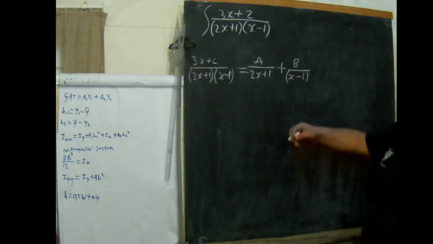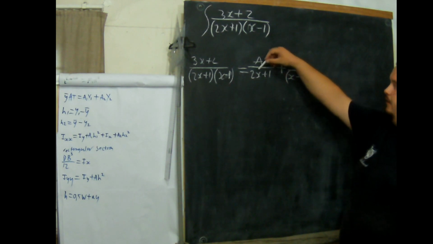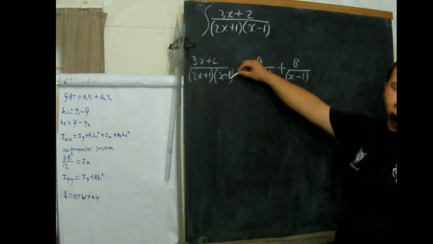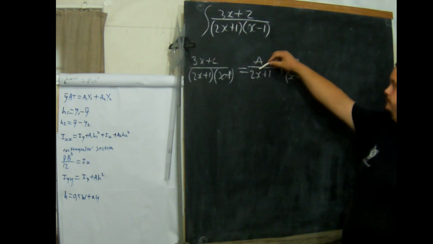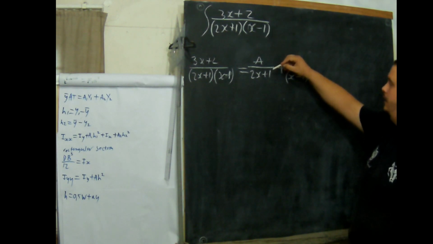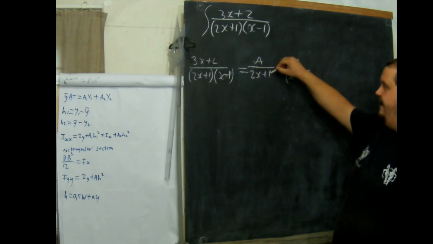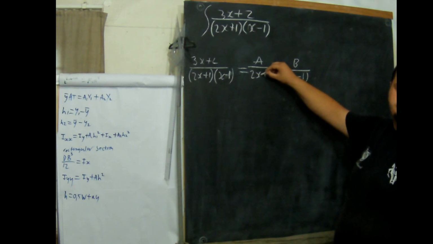Now, because this is adding fractions, we need to have the same base. So what we do here is multiply the top and bottom by what we don't have at the bottom.